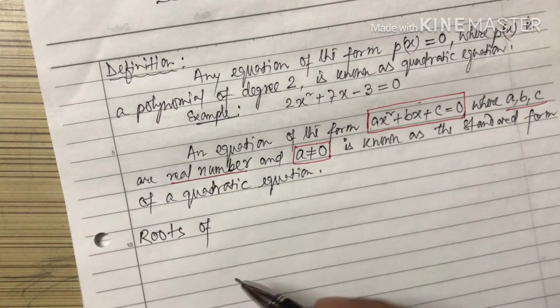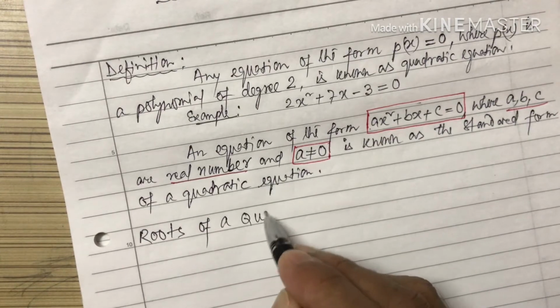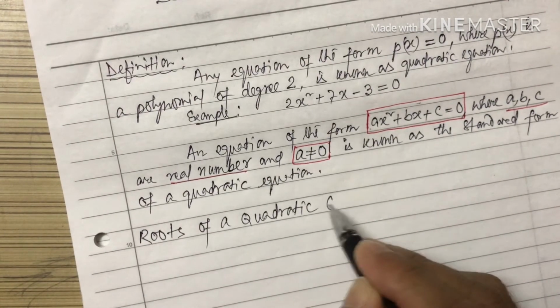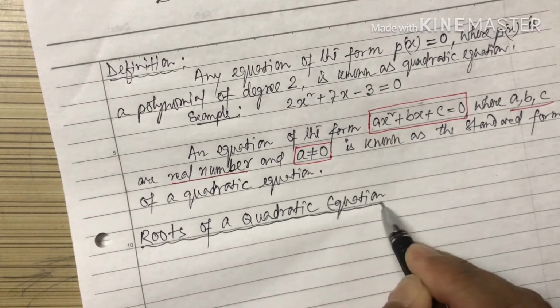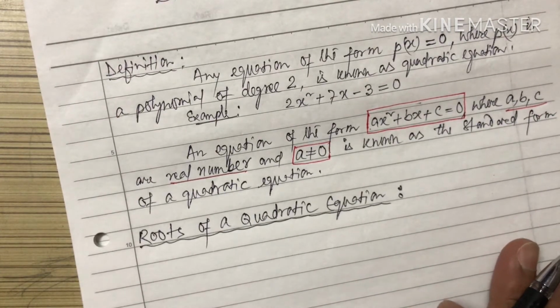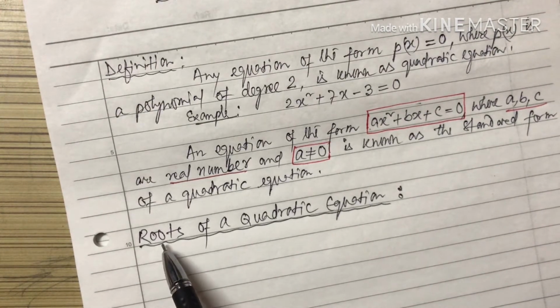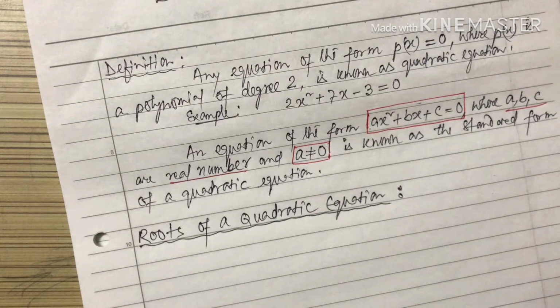Here this is an equation, so we use the term roots of a quadratic equation. The meaning of zeros we already learned in chapter 2. Here just the name is different, roots; the meaning is the same. It is something like a value, a number.